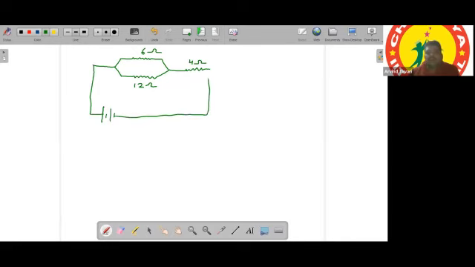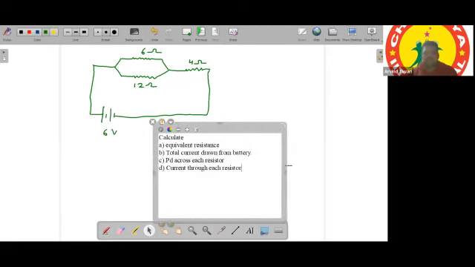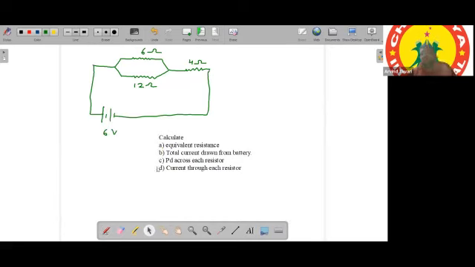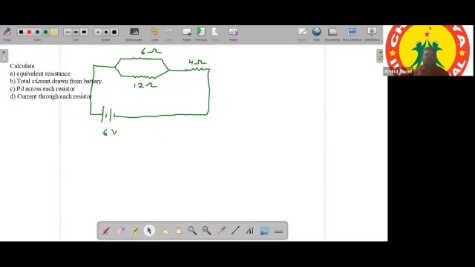Again, all your questions are the same. You need to compute the same thing. Here you have a 6-volt battery. You have to calculate the equivalent resistance, the total current drawn from the battery, the PD across each resistor, and the current through each resistor.